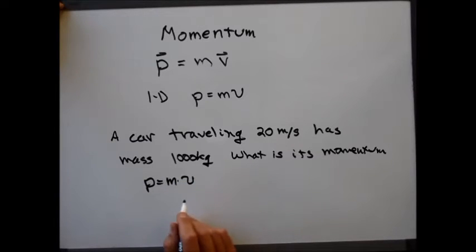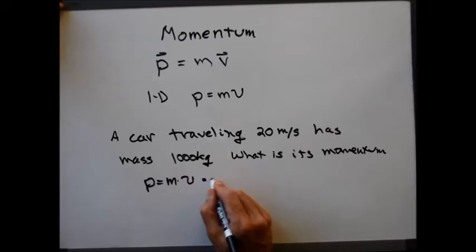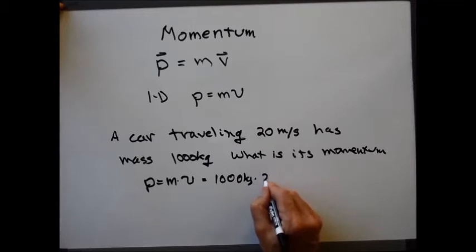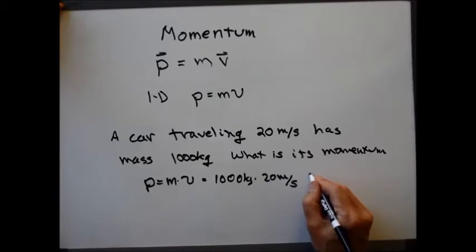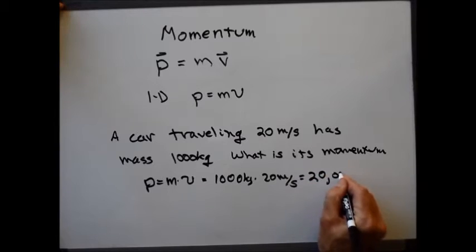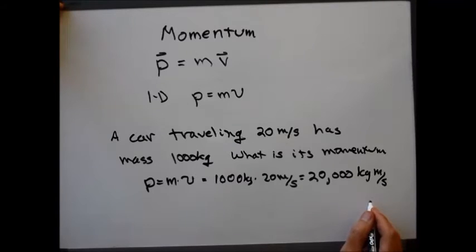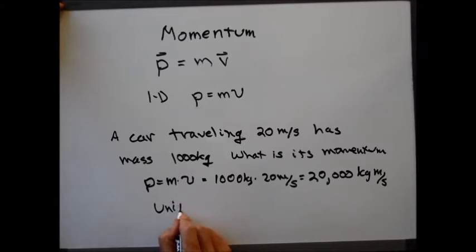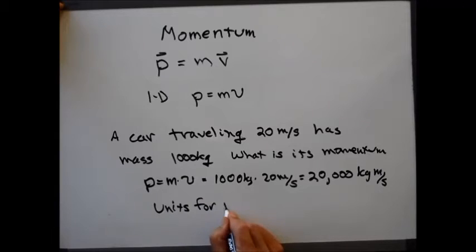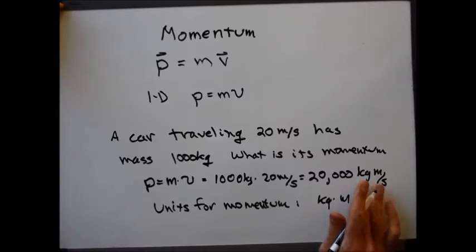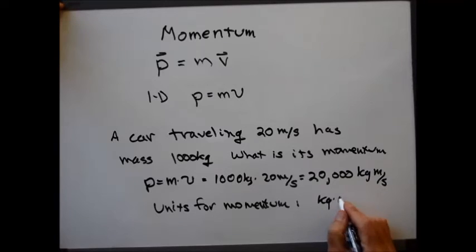This is a one-dimensional problem, maybe along the x-axis, and that's equal to 1,000 kilograms times 20 meters per second, or 20,000 kilogram meters per second. So the units for momentum are kilograms times meters per second, right?